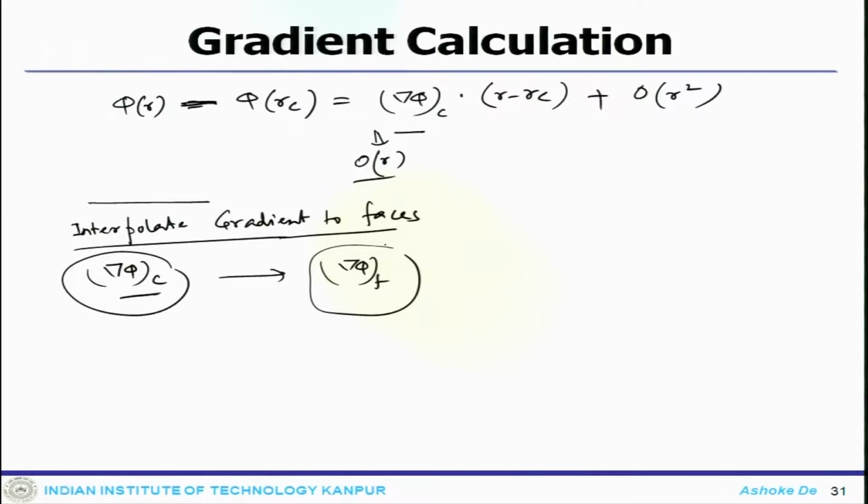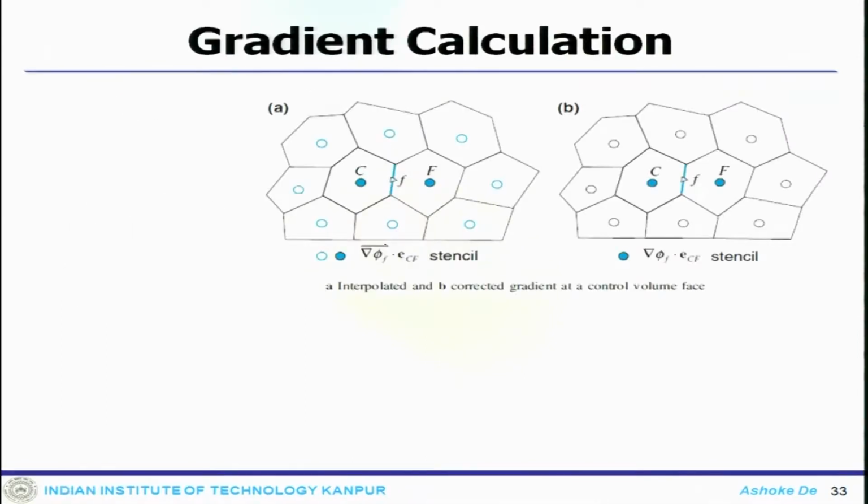So, one can look at some simple stencil. So, this is one stencil where it is an interpolated stencil, that means I have the cell center and then I want to calculate at the face, and the other case is the corrected gradient at the face.